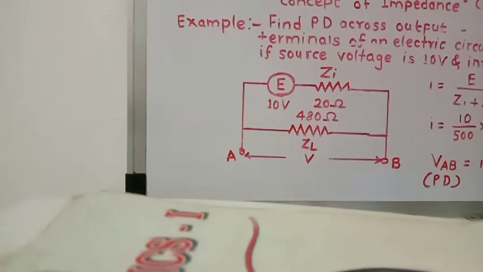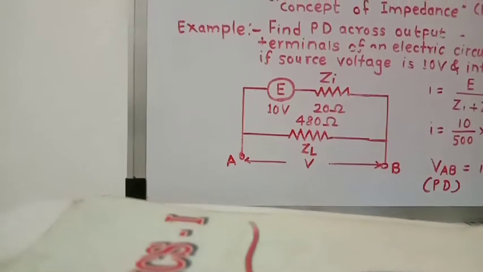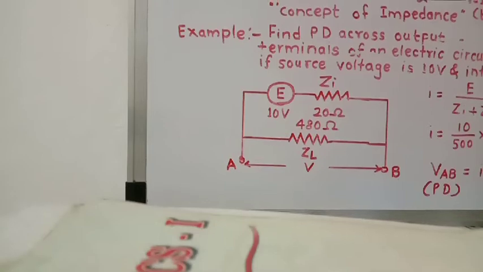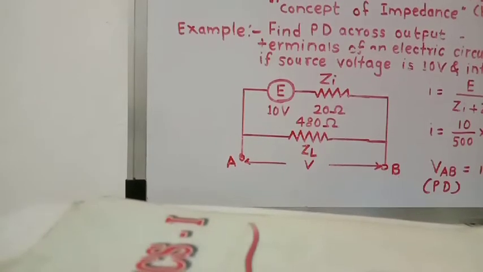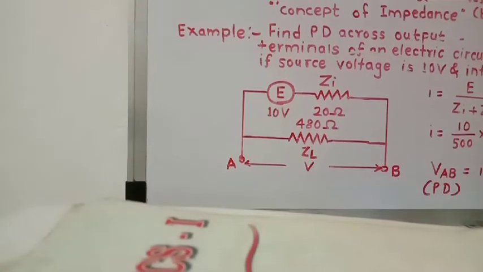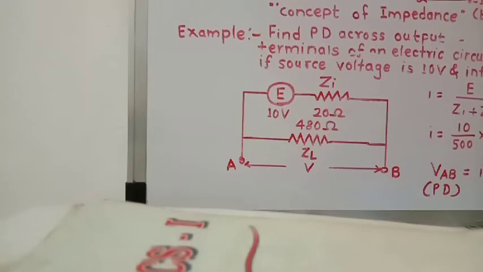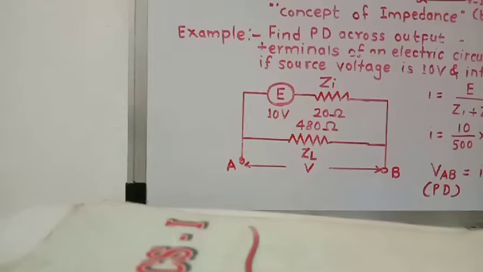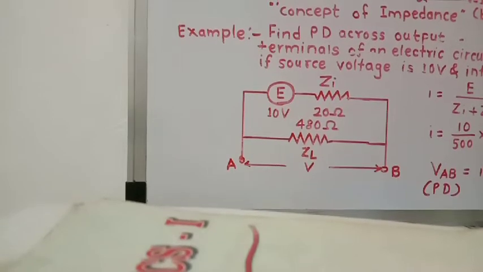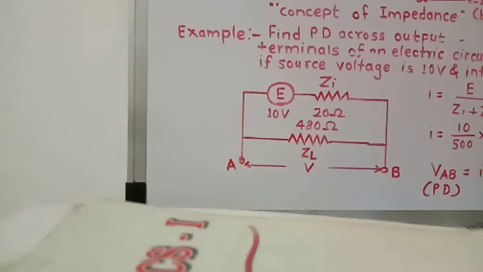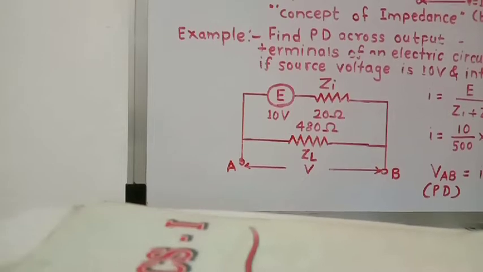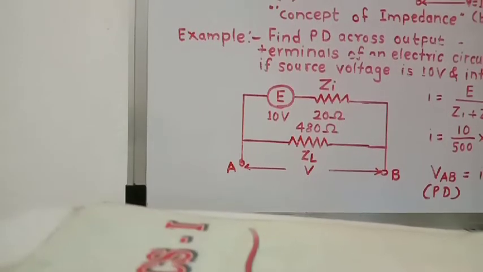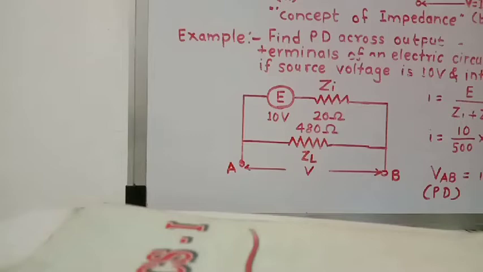Therefore 1.5 divided by 5 plus 10, that is 15. So 1.5 divided by 15, that is equal to 15 divided by 150, that is 1 upon 10, that is 0.1 ampere. This much amount of current will flow in this circuit.